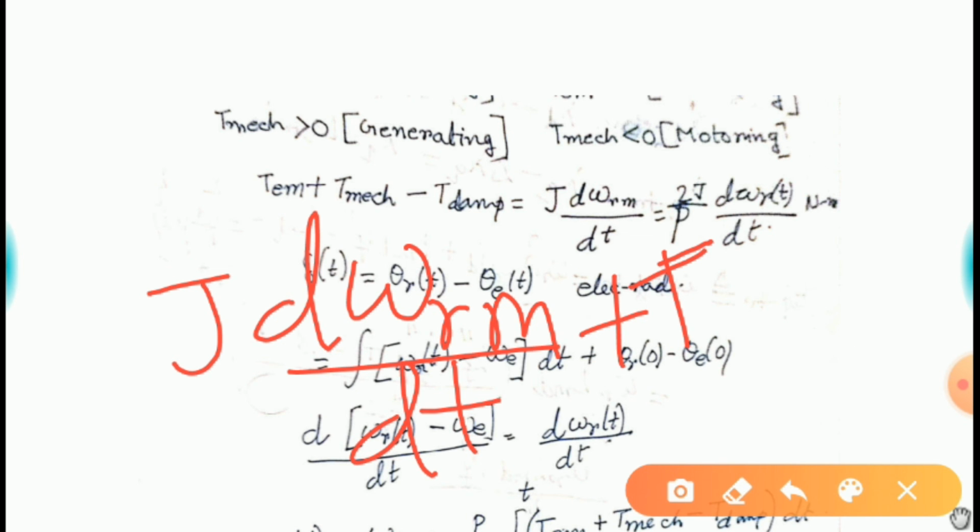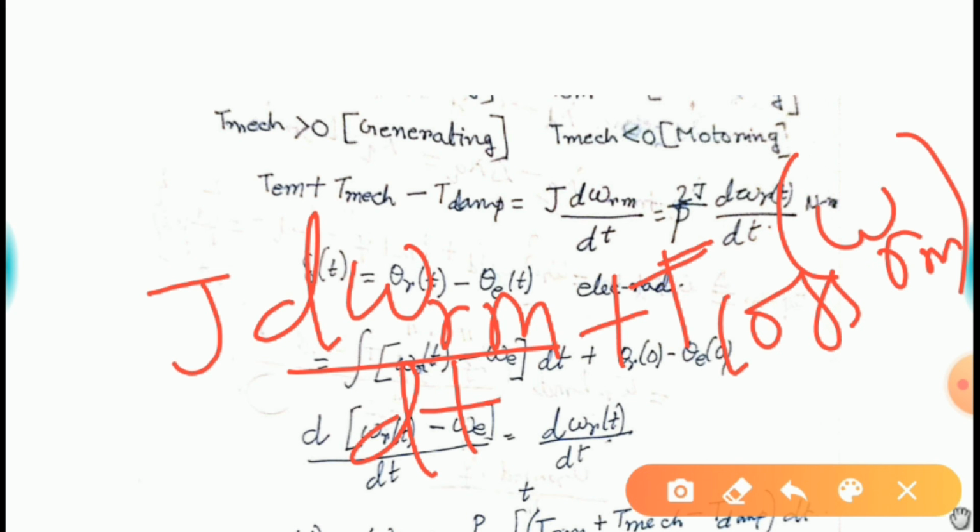That means a torque, and obviously the left hand side will remain the same, that is Tm plus T make minus T damp.